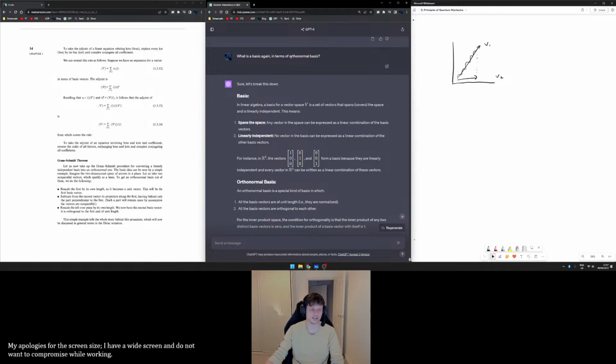Subtract from the second vector its projection along the first, leaving behind only the part perpendicular to the first. Well, I mean, it's not perpendicular, but okay. Such a part will remain since by assumption the vectors are non-parallel.